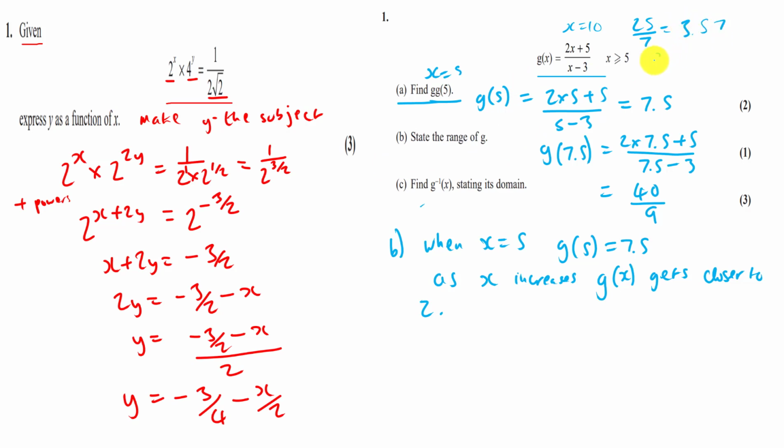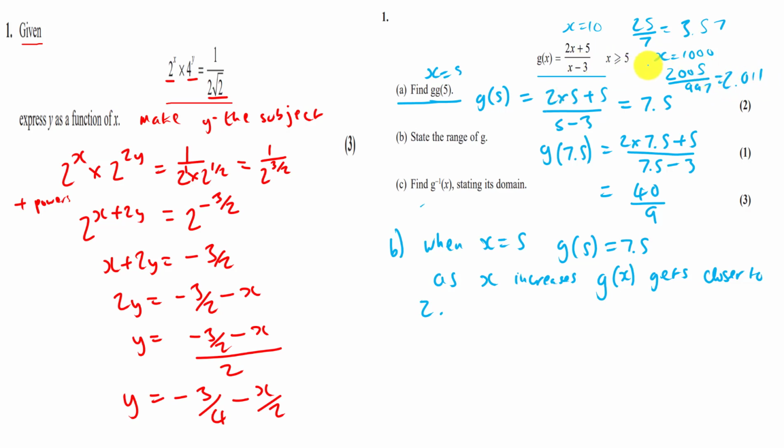Now if we let x equal a really big number, x equals 1000, you're going to get 2005 over 997, which equals 2.011.